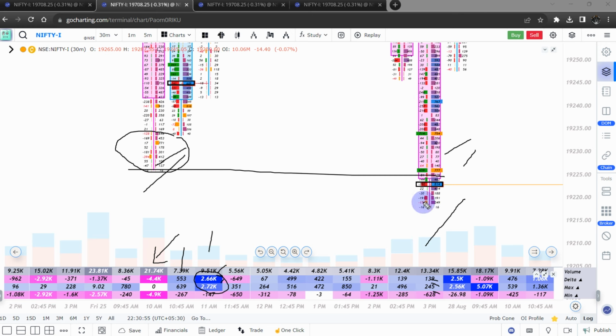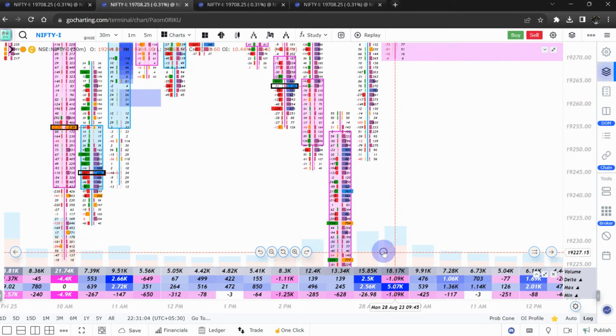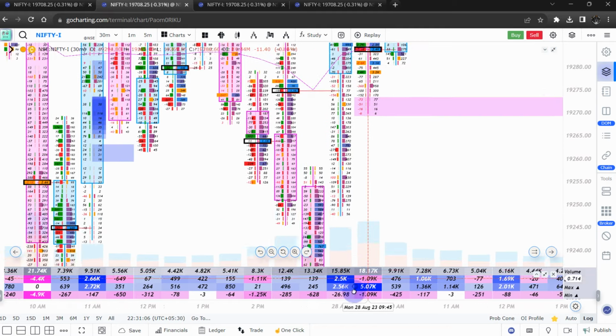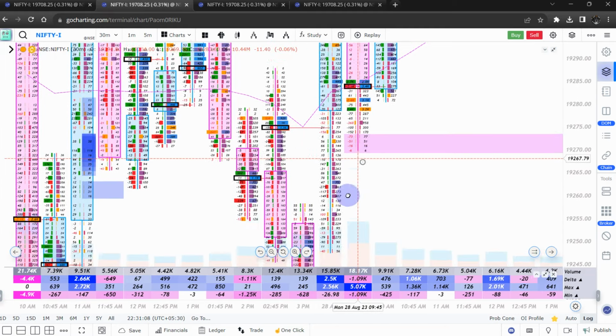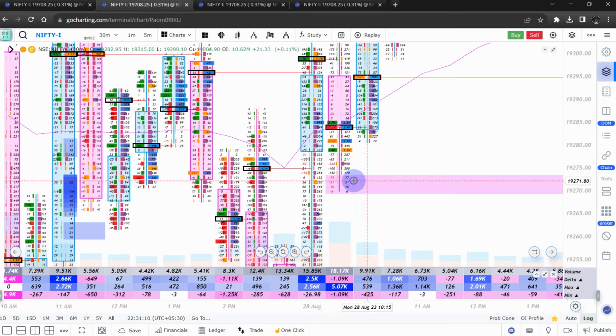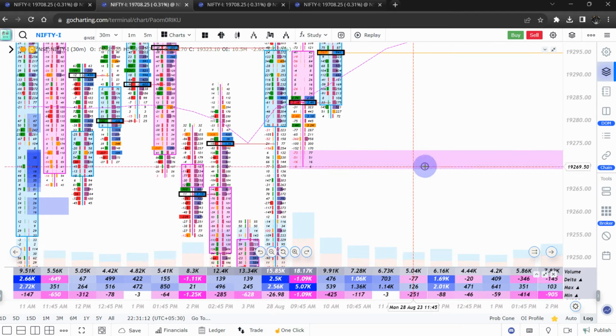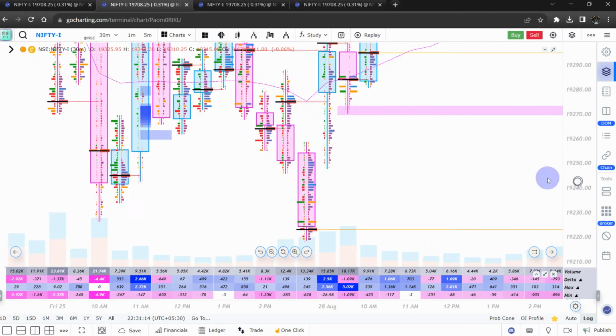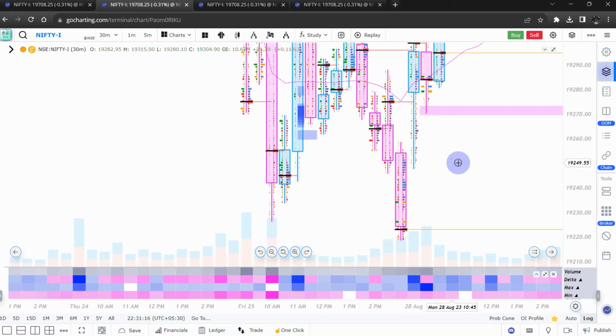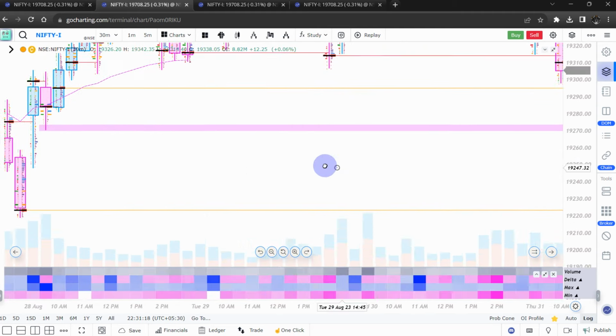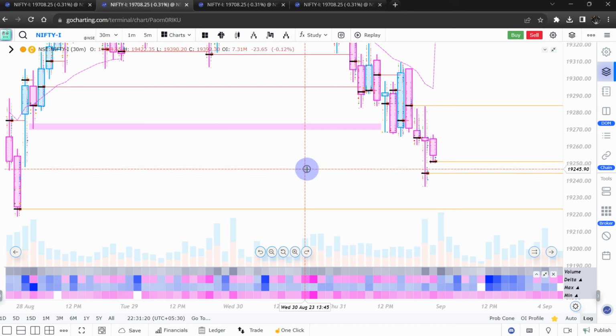Whatever selling happened was taken out even in this bar, and immediately after this close you can see the volume pick up. It was the next trading session, and you see a test of this, and the bar closes up and leaves a sell imbalance here, which again is a key reference point which we've just discussed, and this is the zone that we are expecting the market, if it breaks, to hold on for some time.